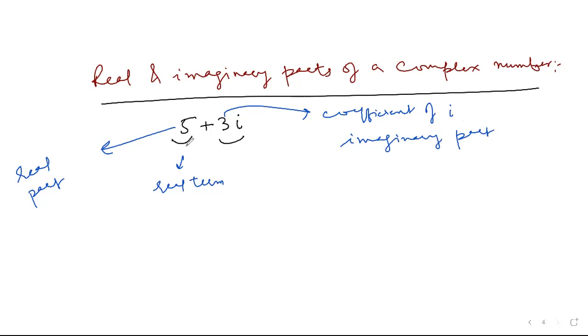So 5 is the real part of this complex number, and the coefficient of iota, which is plus 3, is the imaginary part of this complex number, right? Notice carefully that the imaginary part of a complex number is not imaginary. Plus 3 is a real number.